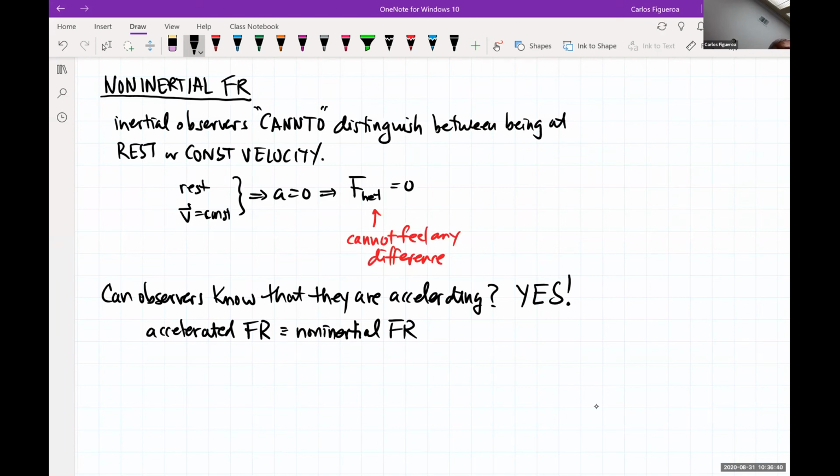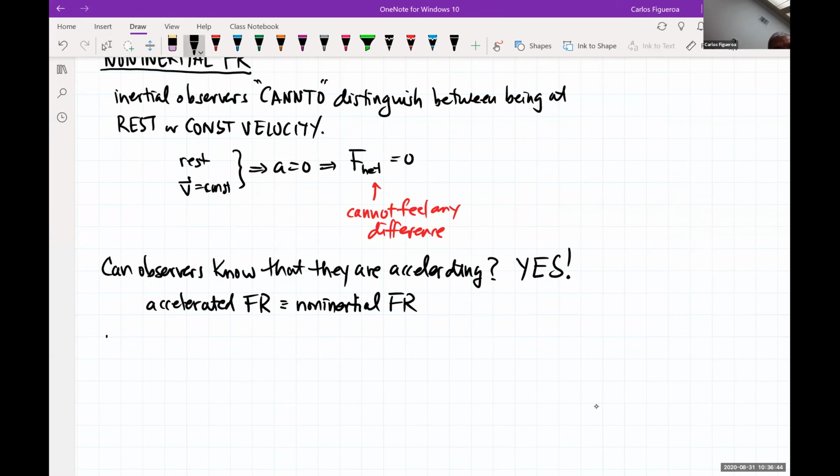So if I'm accelerating, according to Newton's second law, if the acceleration is not equal to zero, that means you must be doing one of three things.